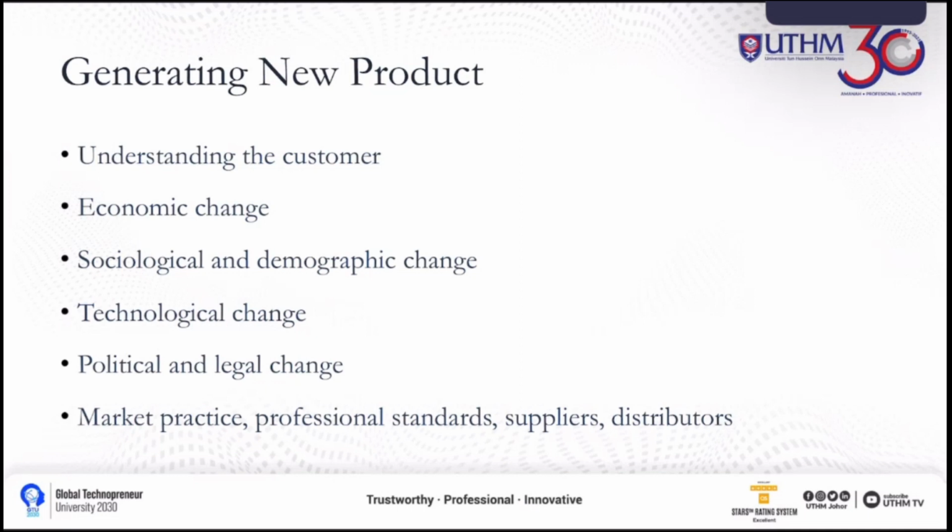Okay, so the next thing you need to consider is to look into the sociological and demographic change. We know that we have many potential customers. So what product you are making, does it fit your customers' preferences? You look into their age, you look into their culture, for example.